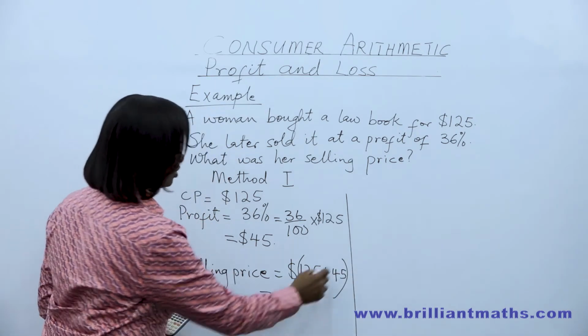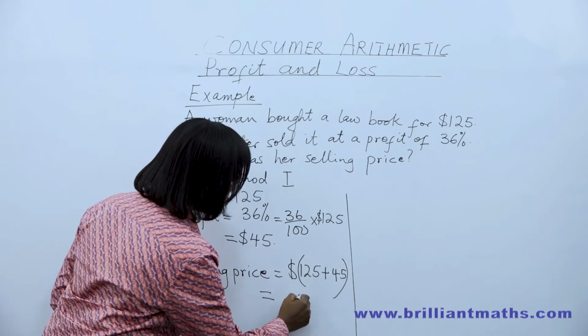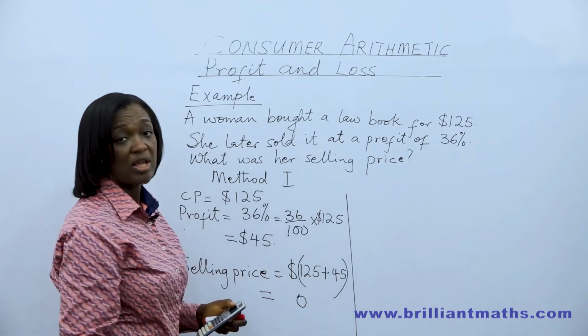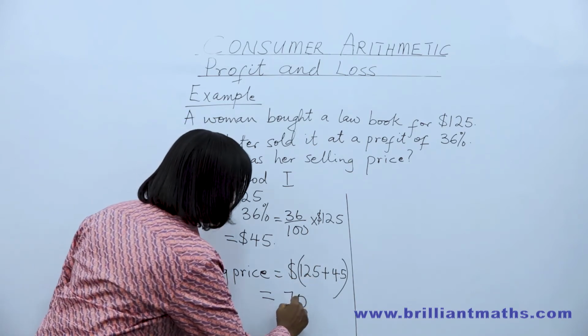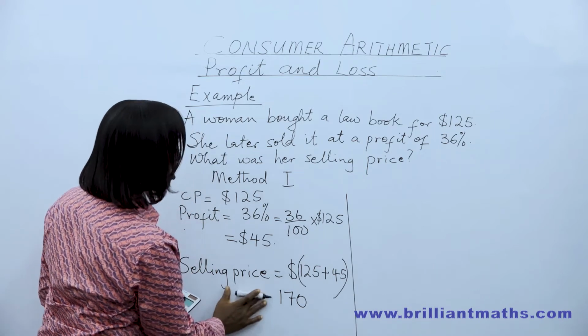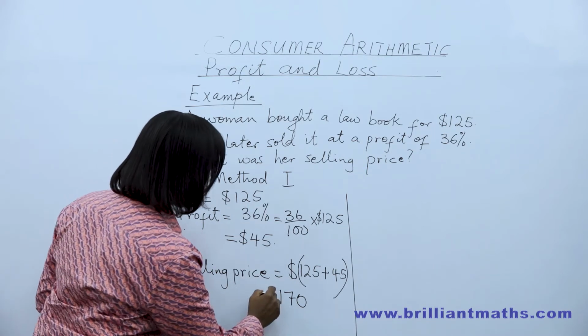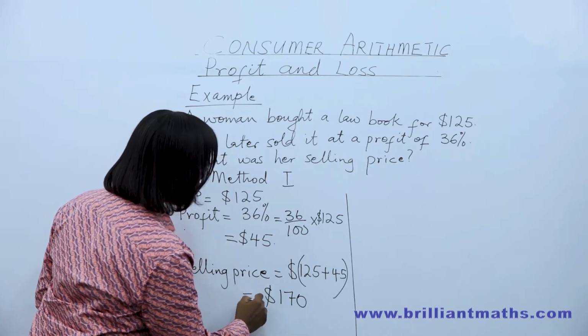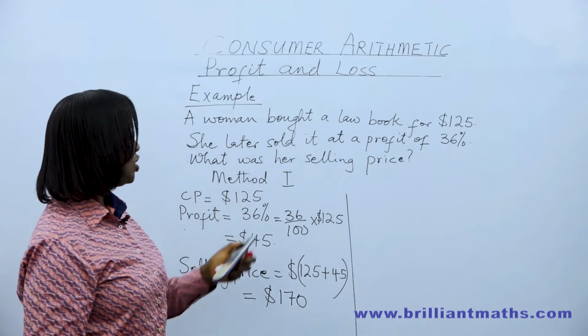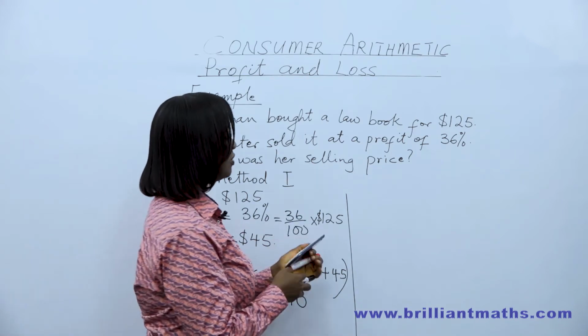And that would give us 5 plus 5 is 10, carry 1. 2 plus 4 is 6, plus 1, 7, and then 1. So actually, the woman sold the book for $170.